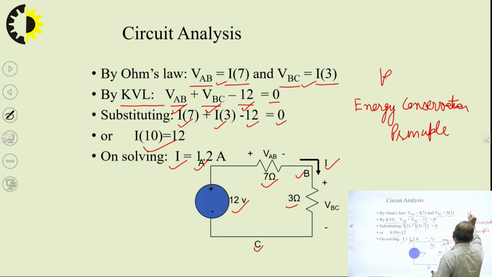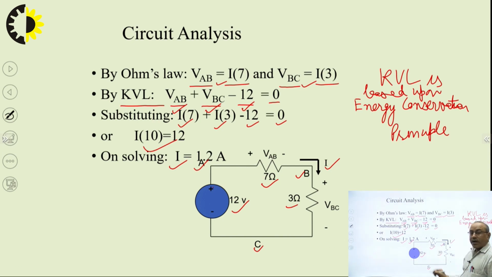KVL is based upon energy conservation principle. Since we can see in this loop where we are applying KVL, whatever is the electrical energy delivered by this active element, which is the 12 volt voltage source or battery, same is the energy delivered to these passive elements, that is the 7 ohm resistance and 3 ohm resistance.